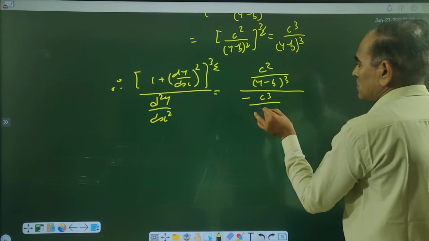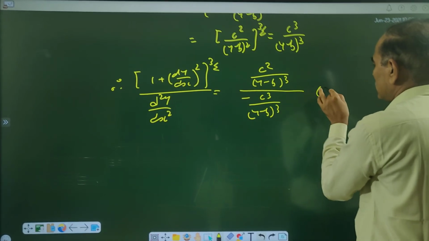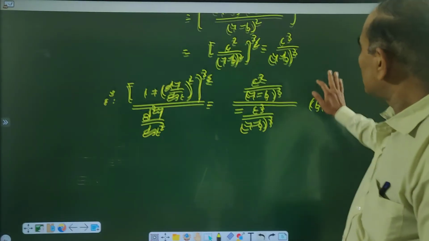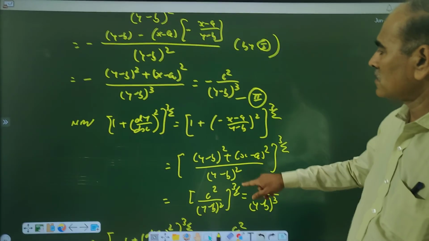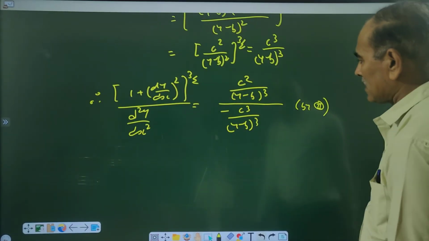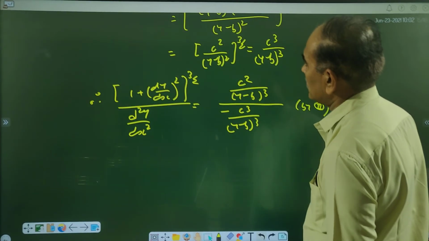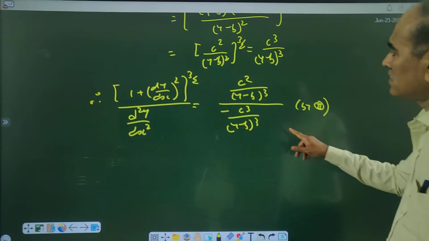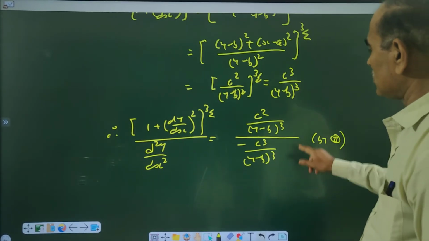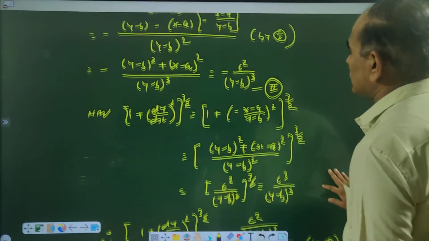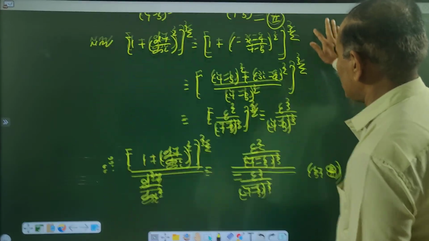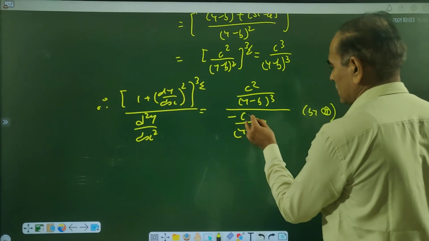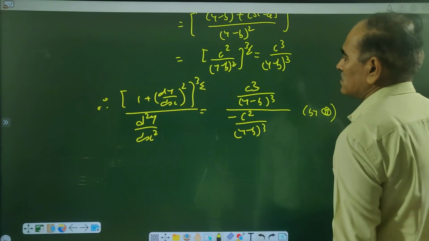Yes, that cancels. Sorry, y minus b cube is there. So d square y by dx square has c square over y minus b cube, and here it is c cube over this one.